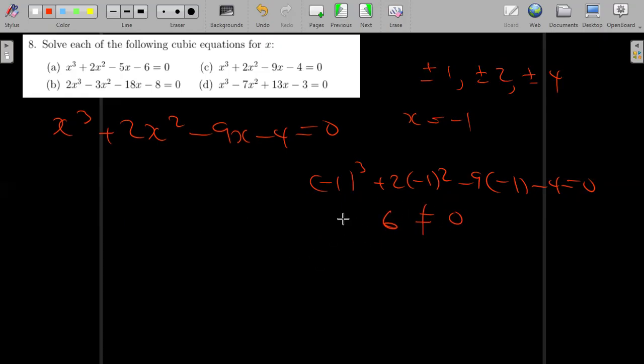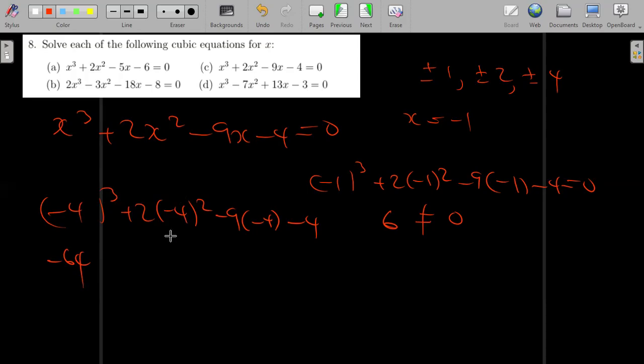You can try other values, but I'm going to try -4. I see the -4 cubed, then I have plus 2 times -4 squared, minus 9 times -4, then I have minus 4. What do I get? Cubing this gives -64.